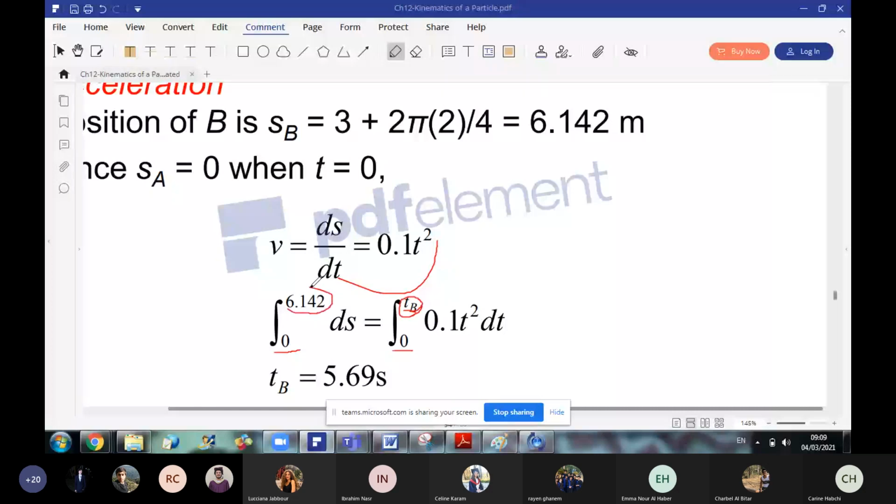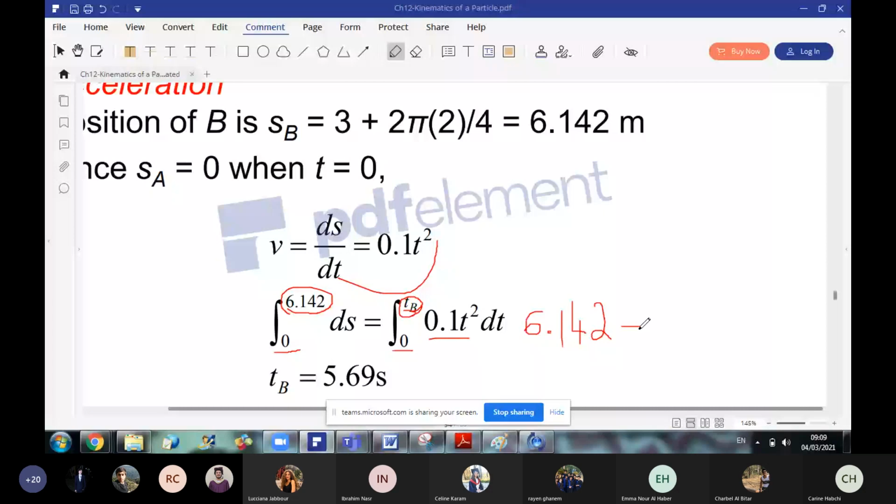And s of b is already calculated. It's 6.12142 meters, so I replace it by its value. In this way, when I integrate, the only unknown will be t. So when you perform the integration, you will get 6.142 from the first side, equal to, from the other side, the integral of this function, which is 0.1 t cubed over 3.